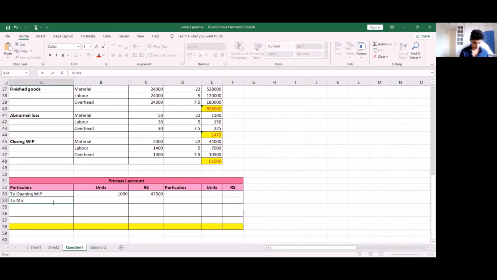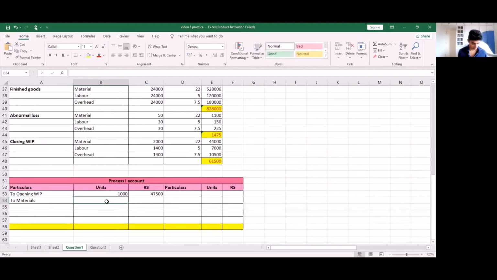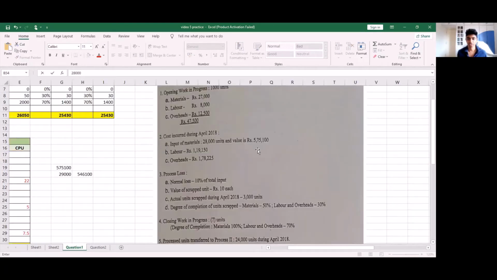Two materials. So for our materials, we have an input of 28,000 units. So these 28,000 units will amount to 5,75,100 as given in the question.